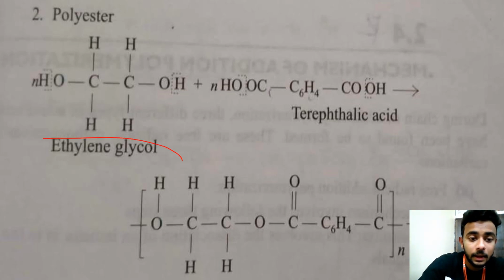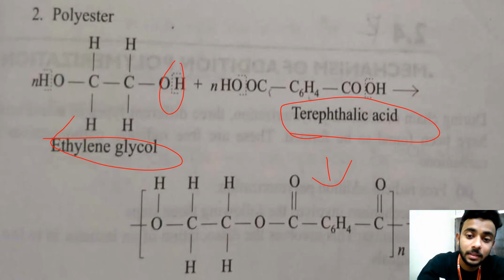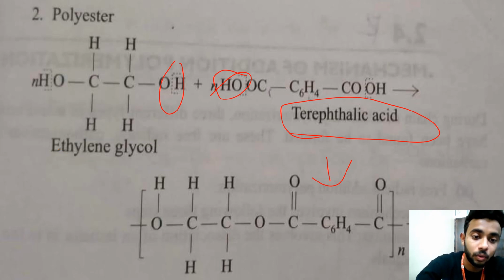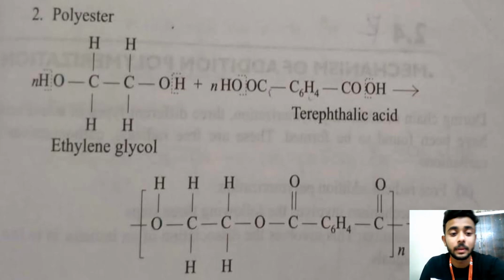The ethylene glycol reacts with terephthalic acid and forms polyester. The ethylene glycol releases the hydrogen atom and the terephthalic acid releases the hydroxide to form polyester. These are the examples of step growth polymerization.